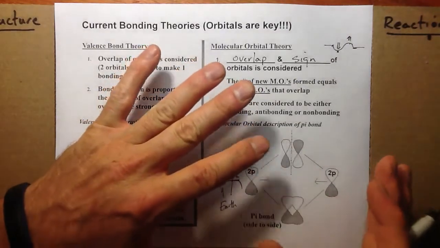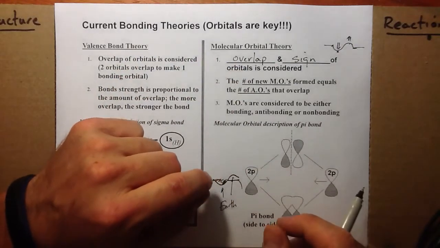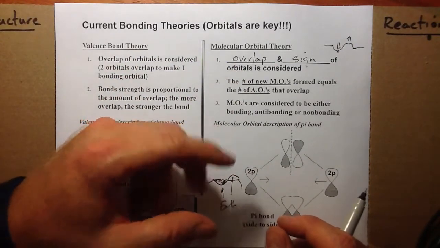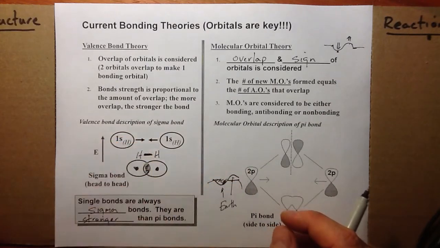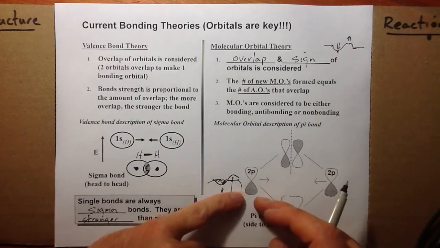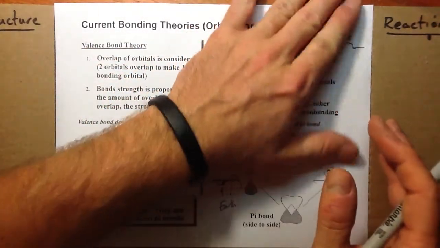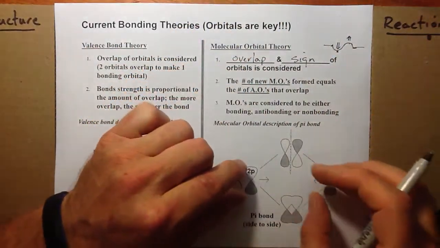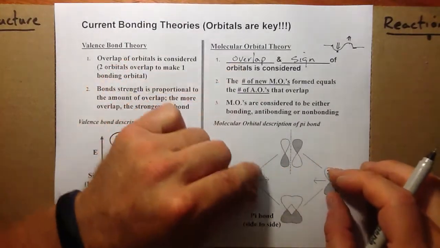Now I want to stop there and just say that's what we mean when we say the sign of an orbital. The sign of it, it has two different sides of a p orbital according to their sign, their crest and trough. Now, there's more you can say about that, but for sake of time we'll leave it there and just say, as we look then, as two p orbitals start to collide, we consider both overlap and sign.